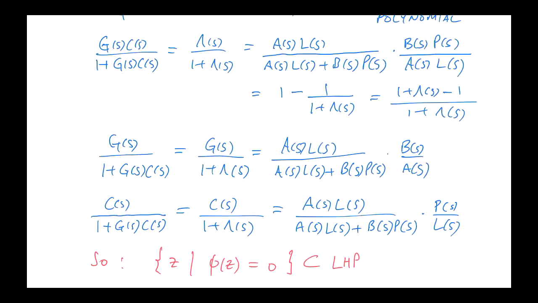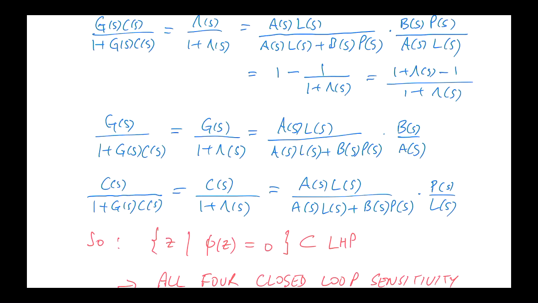Okay, and similarly, you can see that the other sensitivity functions can also be expressed in a way that results in the characteristic polynomial being on the denominator. All right, so this guy will cancel this guy. So again, the thing on the denominator is just the characteristic polynomial. This guy cancels this guy, and the thing on the bottom is just the characteristic polynomial.